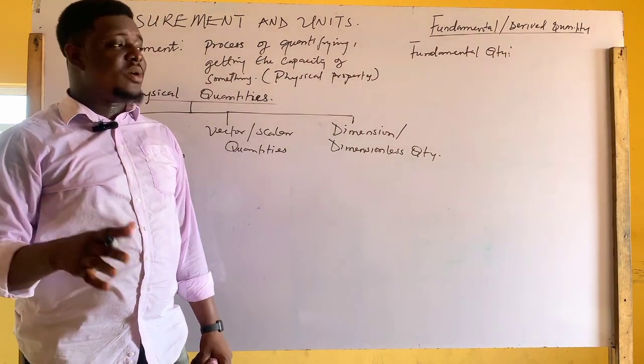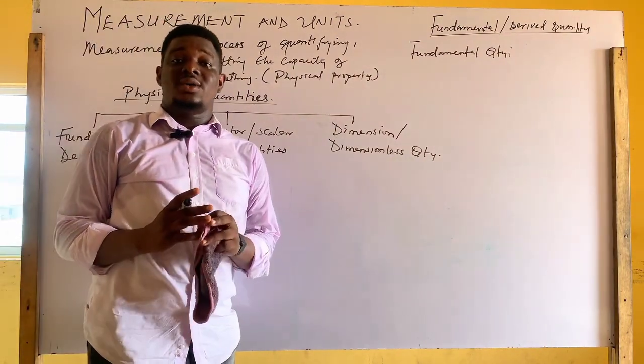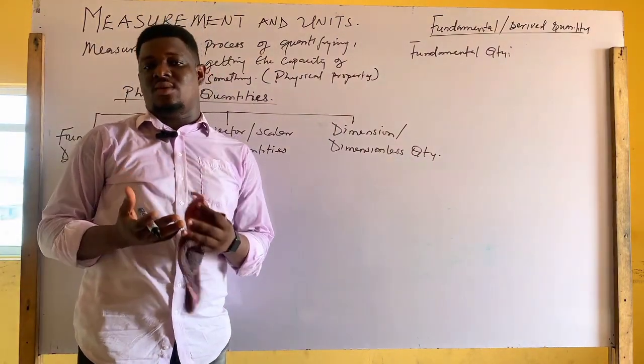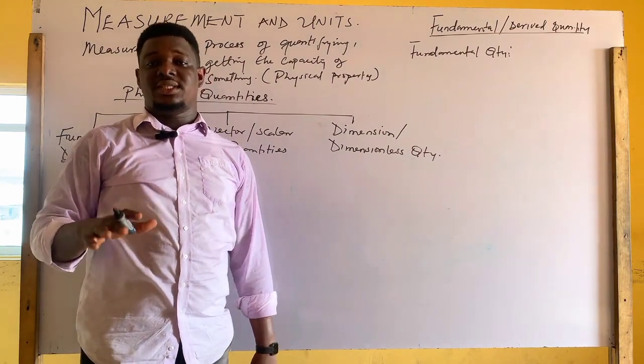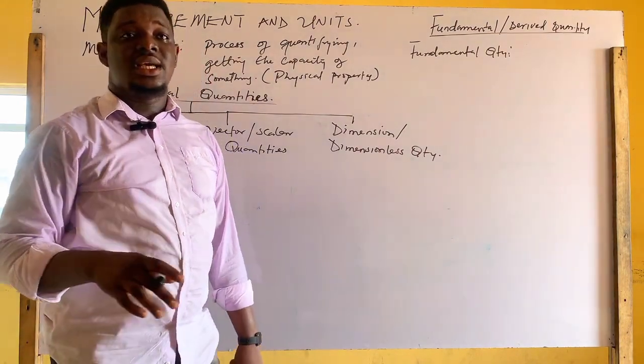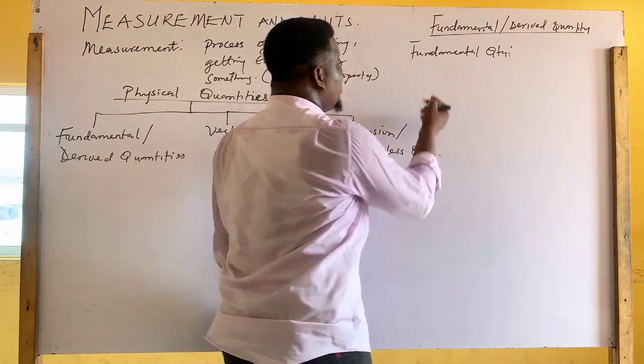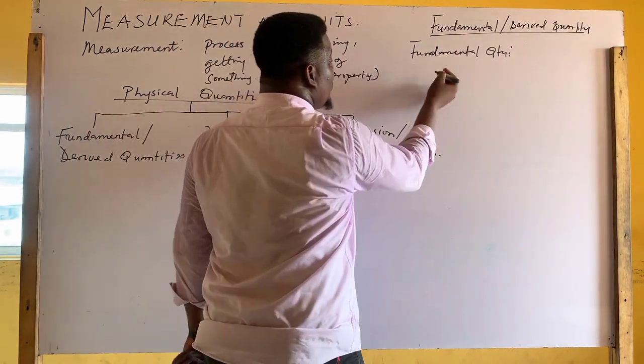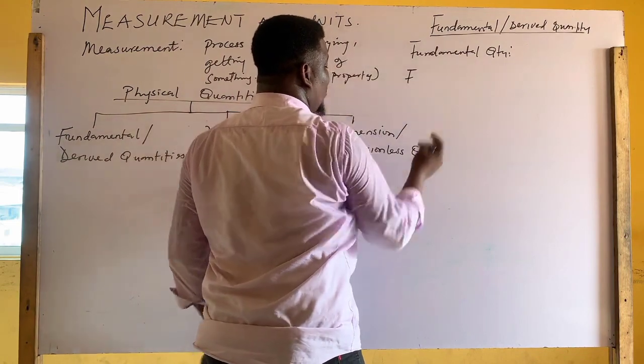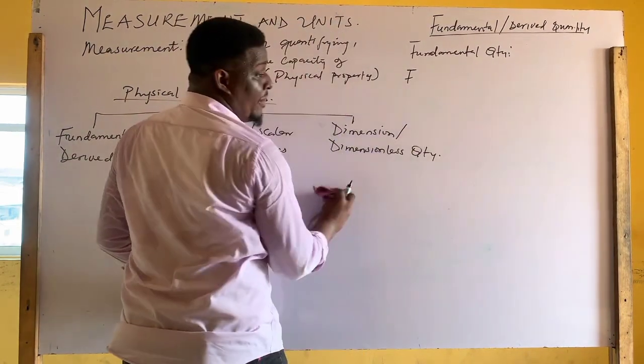These are independent quantities that all stand on their own. They are the basic quantities in physics. They are fundamental quantities. Now, we are going to be looking at some fundamental quantities that we have in physics.